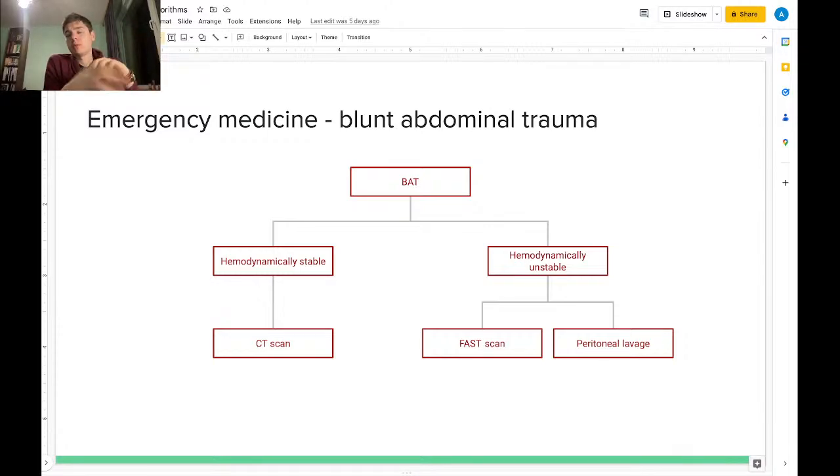If he is stable, we directly jump to the CT scan. If he is unstable, we go for the FAST scan, but we screen the vignette because some of them will tell you that the FAST scan does not show anything. And in this case, it means that it is uncertain and we can go for a peritoneal lavage.